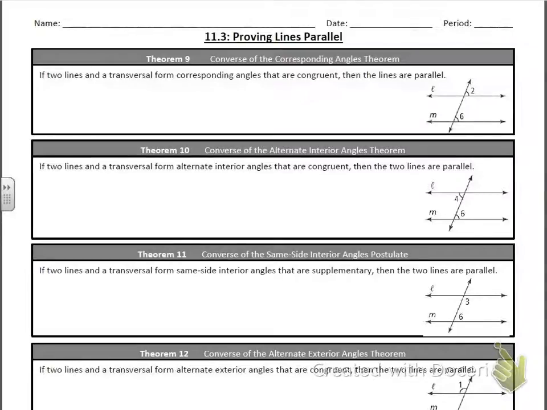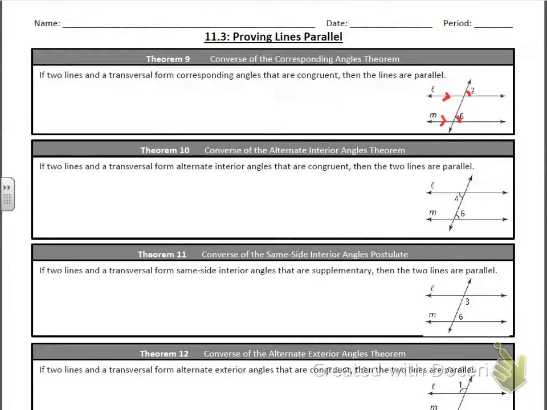For example, theorem 9 is the converse of the corresponding angles. So it says that if you have two lines and a transversal and the corresponding angles are congruent, so I'm telling you for sure those are congruent, then you may assume that the two lines are parallel.